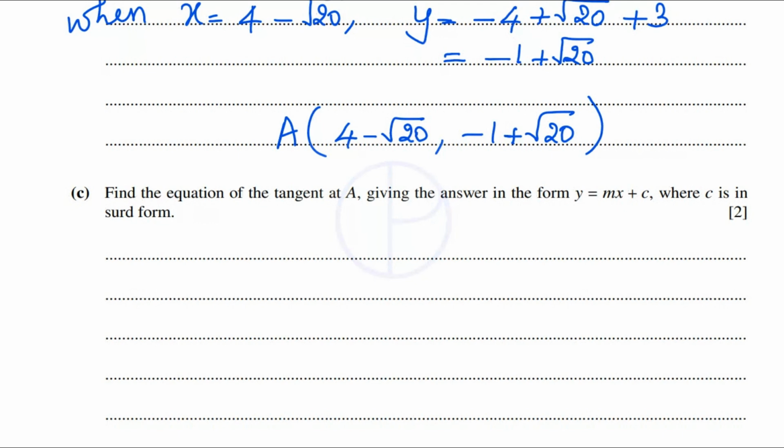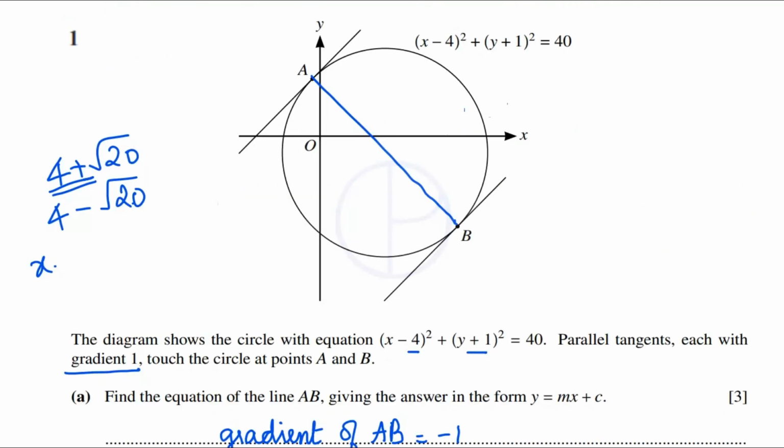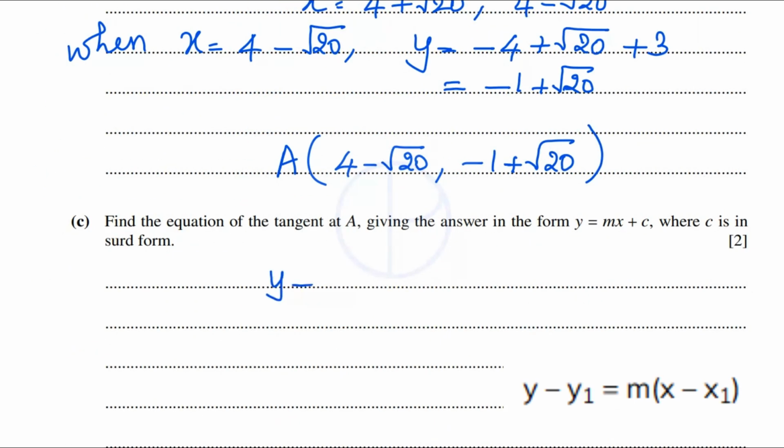Next, part C of the question is, find the equation of the tangent at A, giving the answer in the form y is equal to mx plus c, where c is in surd form. Now we know the coordinate of A and we know the gradient of the tangent. So by using that, let's write the equation of the tangent at A. So y minus, what is the y1?